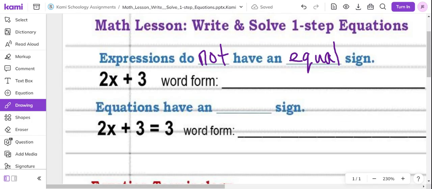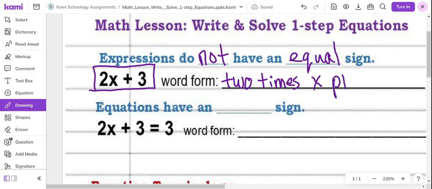An expression is going to be a mathematical sentence, but it's an incomplete sentence. So in the word form, looking at this first expression here, we have 2 times the variable x plus 3. In word form, we can just write out 2 times x plus 3. It's a very simple expression.